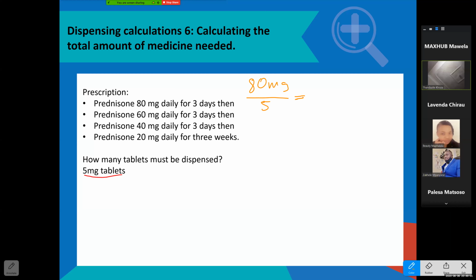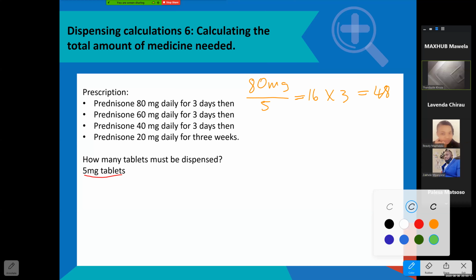What did you get? 16. 80 divided by 5 gives you 16, right? Then for how many days? 3 days. And what did you get as your answer? 48. So it's 48.